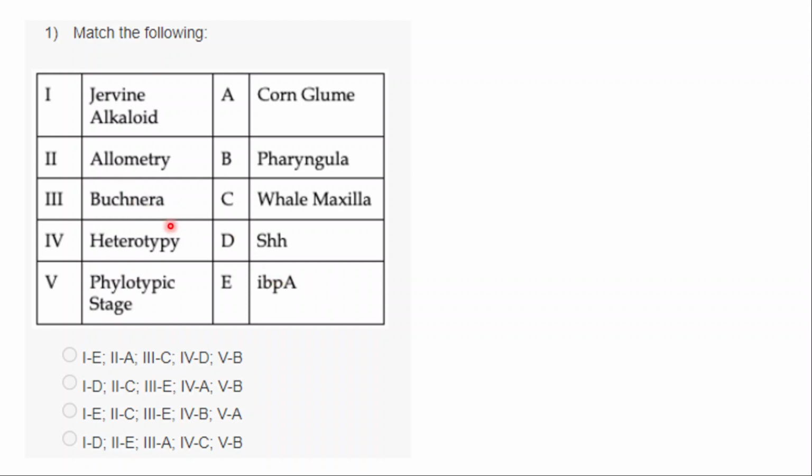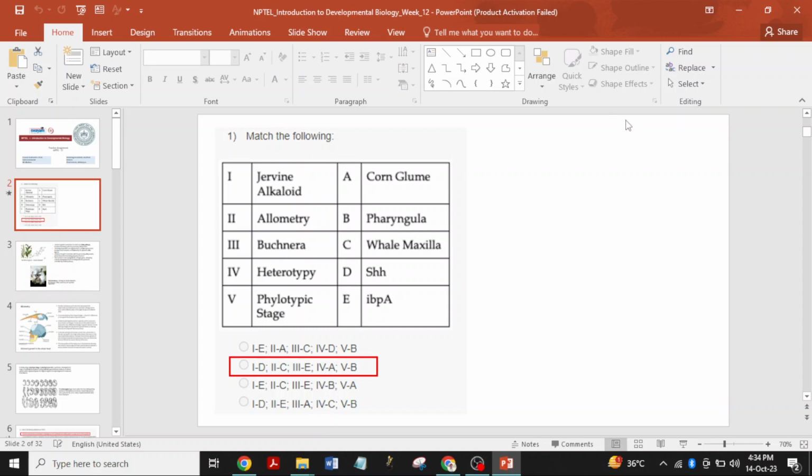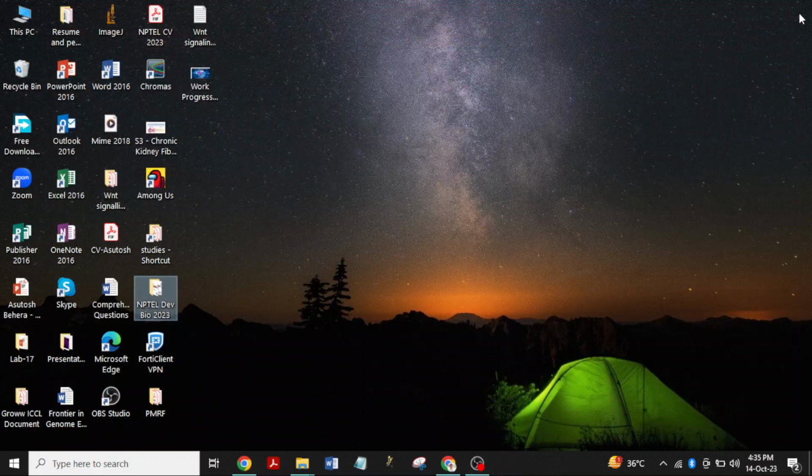Buchnera is in the pea aphid. And the fourth was corn heterotypy. Corn glume, yes, the kernel is expressed, okay. And the fifth, phylogenetic stage, is parenchyma. Okay, thank you, sir. I'll stop the presentation with this.